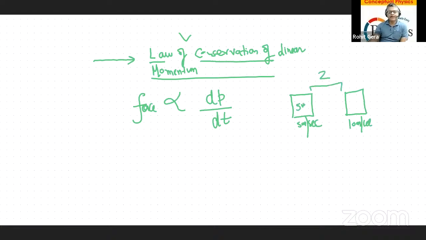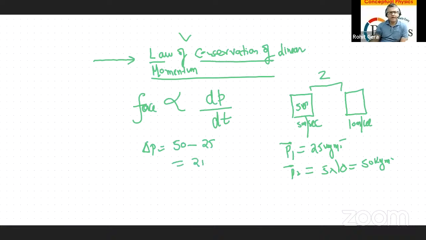Your first momentum P1 is equal to 25 kilograms meter per second. Your second momentum is 5 kgs multiplied by 10 is equal to 50 kilograms meter per second. Your change of momentum is 50 minus 25 is equal to 25 kilograms meter per second.